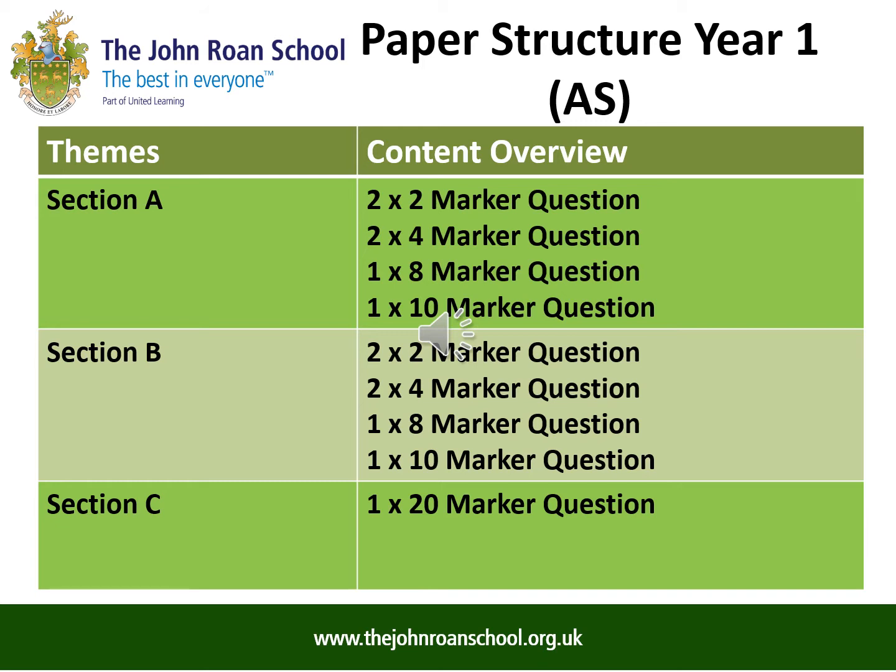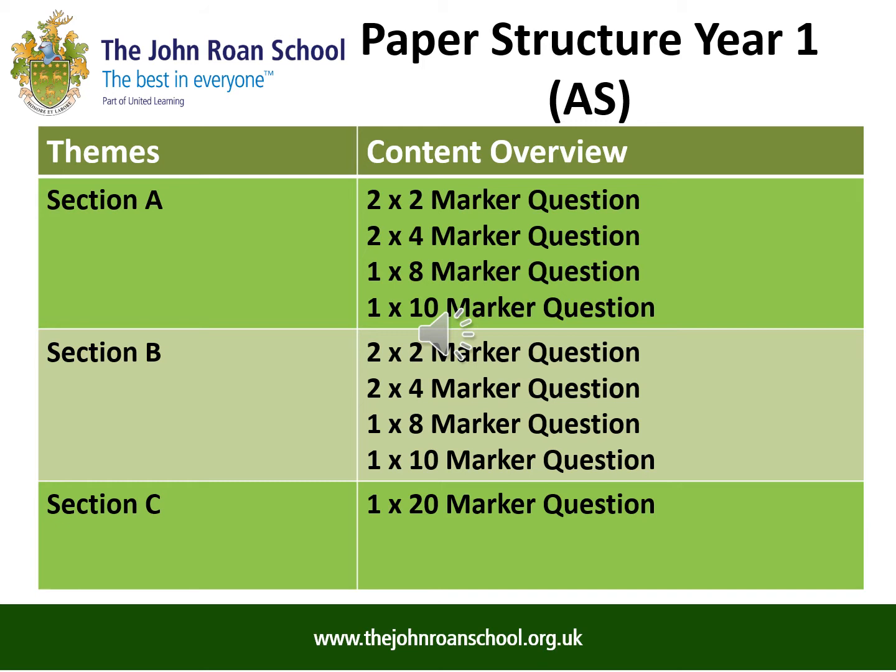For the year 1 paper, that is the AS paper, paper 1 and paper 2 are similar in nature and in structure. They are divided into 3 sections: section A, section B, and section C. Section A and B are similar in structure.